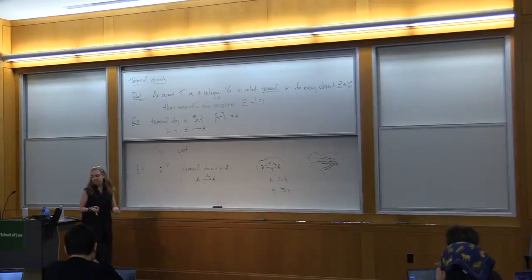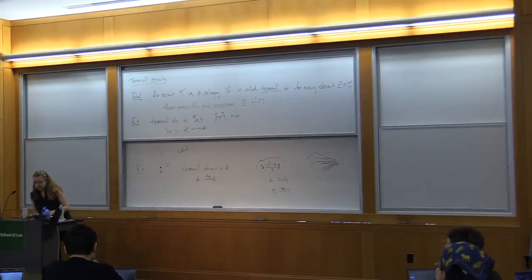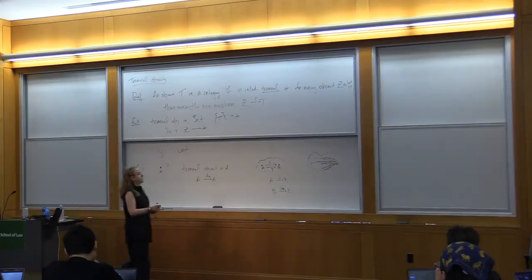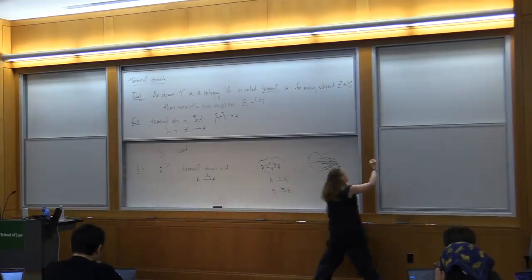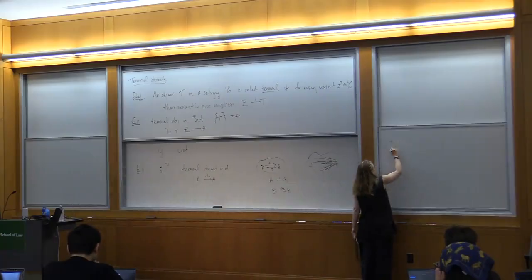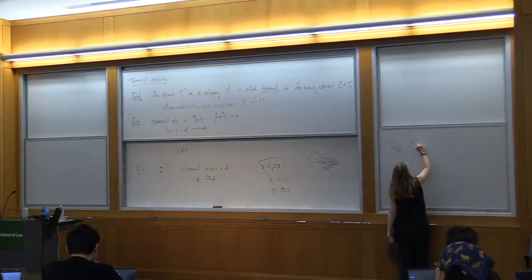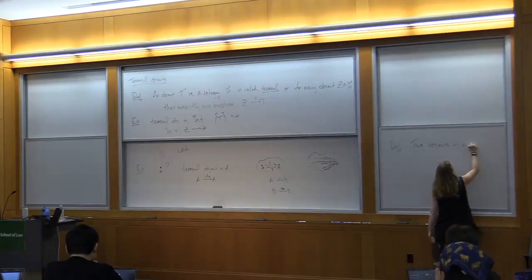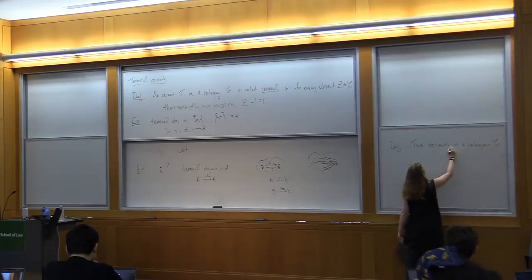Right, so now I want to talk about isomorphism, because isomorphism is the notion of sameness that we care about in category theory. So, let's see. Definition. Two objects in the category C, I should give them names, of course.